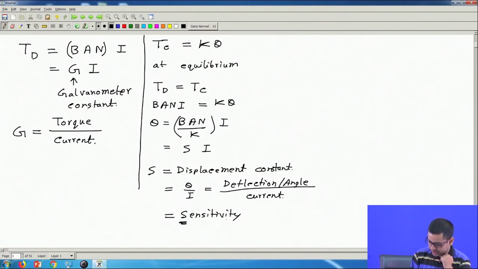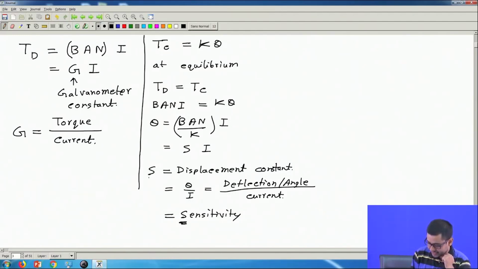Why sensitivity? Because if we have an instrument where for a smaller amount of current I we get a larger amount of deflection, we say that instrument is more sensitive because it can detect or measure smaller current, since we can get higher deflection with a smaller amount of current.